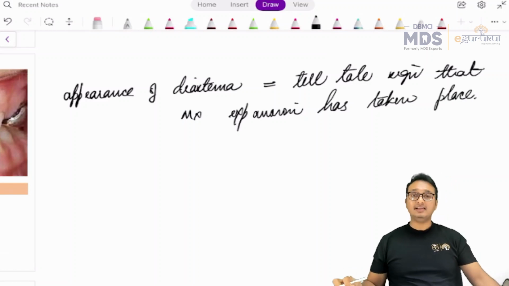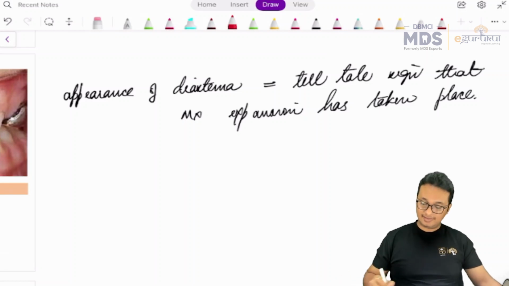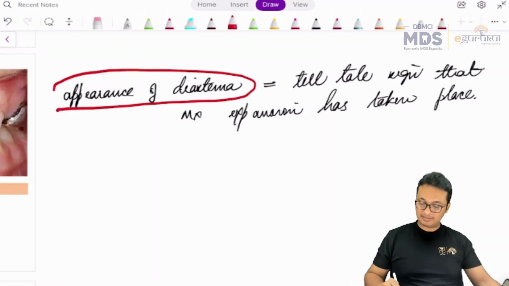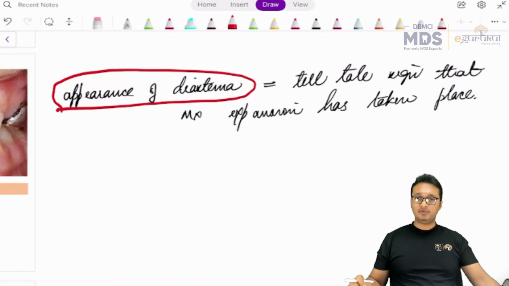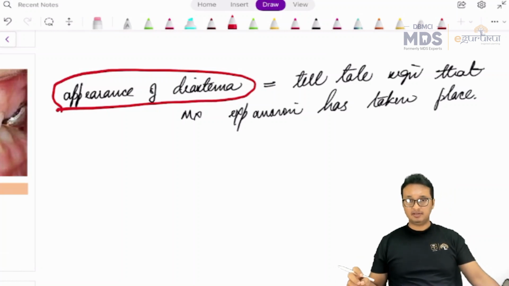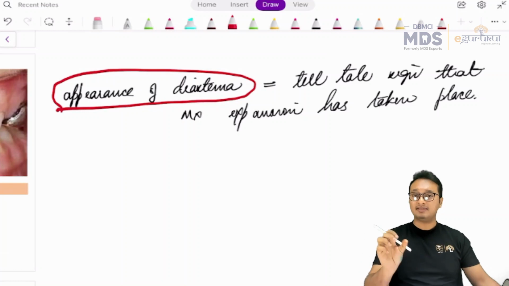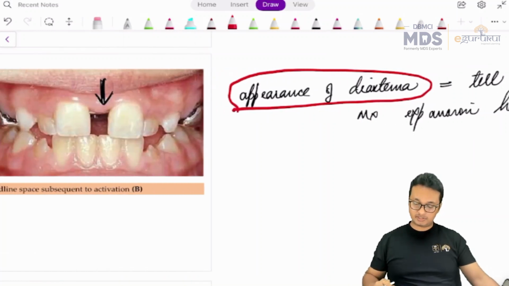So this is a clinical indication whether expansion of the maxilla has taken place or not. That is ascertained by the appearance of midline diastema. If there is no diastema, we have to increase the force levels. If there is diastema, we can be rest assured that the maxilla has expanded in a lateral direction.